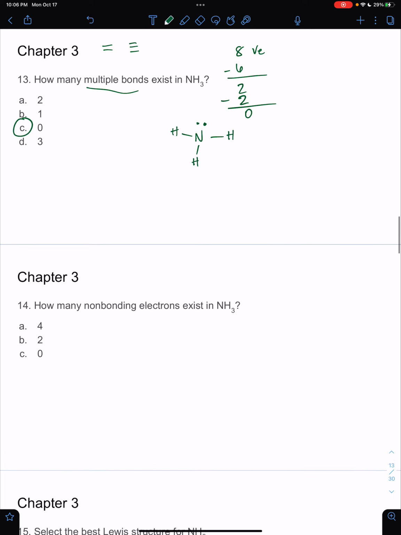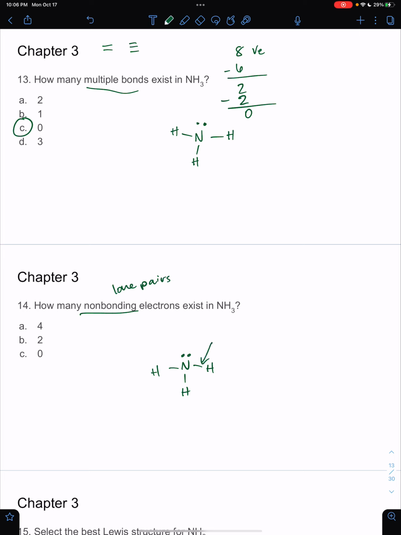Okay, and then the next question says how many non-bonding electrons exist in a compound. Again, we're going to need the Lewis structure for this question. We already drew it up there. Non-bonding pretty much only refers to lone pairs.